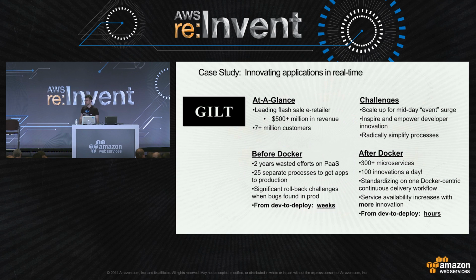So you may have heard a little bit about this at the keynote yesterday. Basically, we like to talk about Gilt, one of our leading flagship applications. This is exactly what we'd like to see happen for everyone. They used to have this huge, messy deploy process and ugly monolithic applications, and now they broke everything out into this Docker-centric workflow where they're able to move very fast, and dev to deploy is now hours instead of weeks.